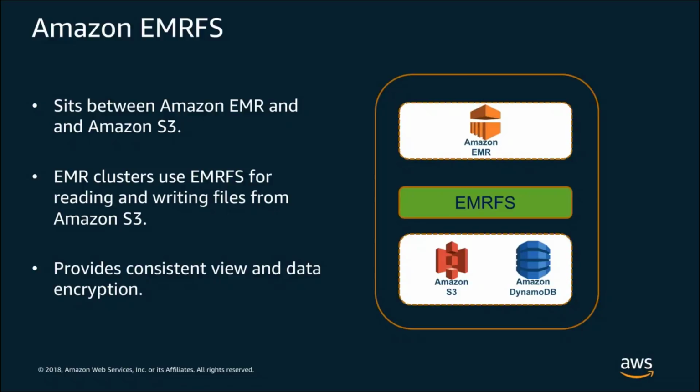To address this challenge, the EMR team has released this feature called Consistent View for EMRFS. Through EMRFS, we maintain a consistent list of the objects in S3 through a DynamoDB table and provide the operations running on Amazon EMR a consistent view of the objects as they appear on S3.